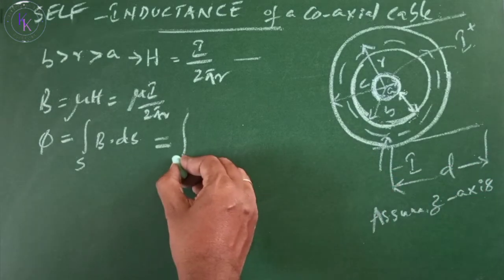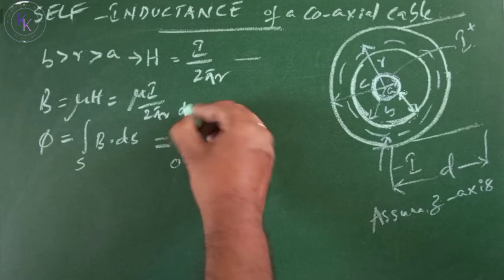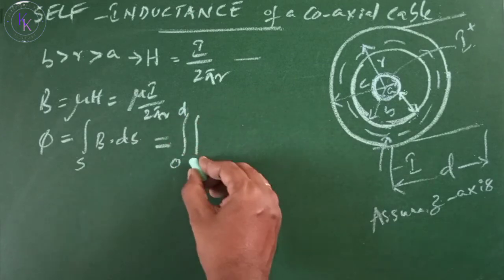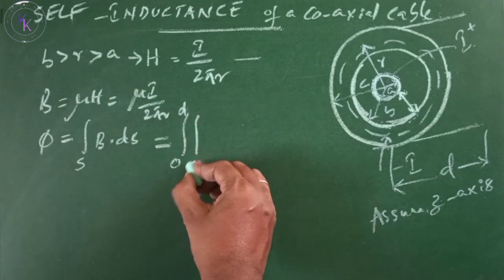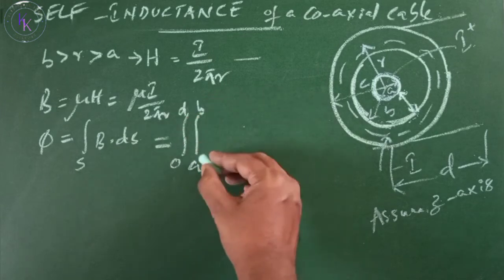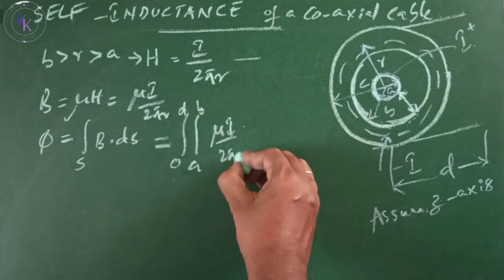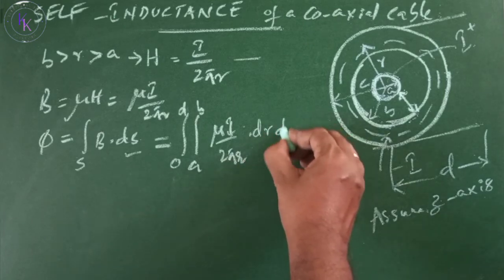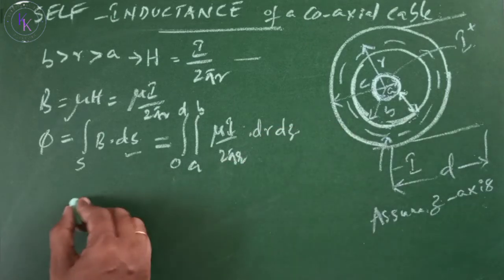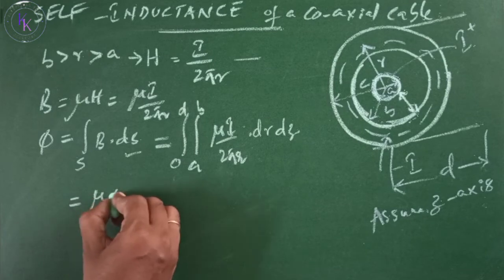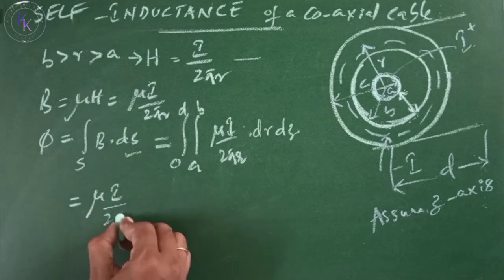So the integral from 0 to d, since it stays along the length of the cable, and between A and B, of mu I by 2 pi r dr dz. In magnitude it will be mu I by 2 pi.